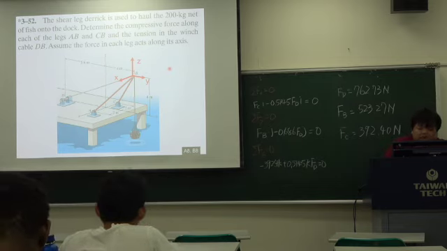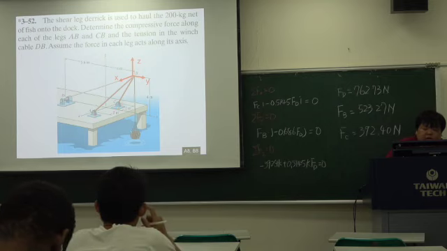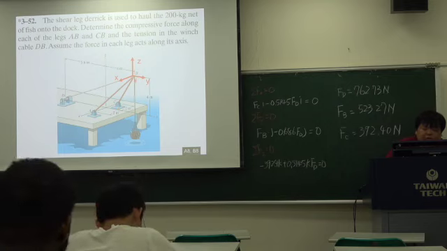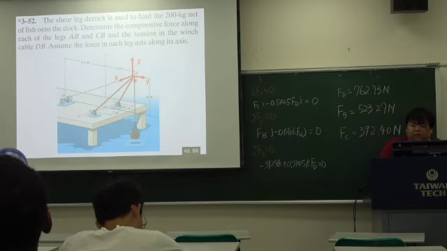Okay, but in this case, we can coordinate every point like A, C, E, and B. We can coordinate everywhere. So we just use the Cartesian vector form, then it is very easy to calculate.